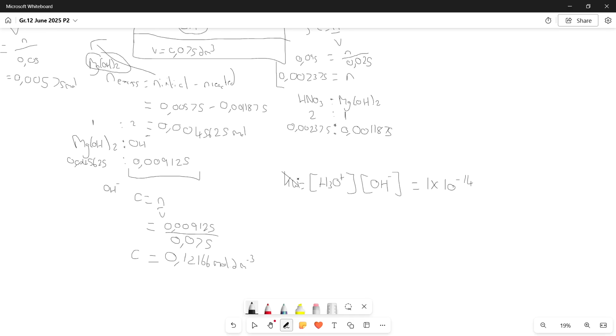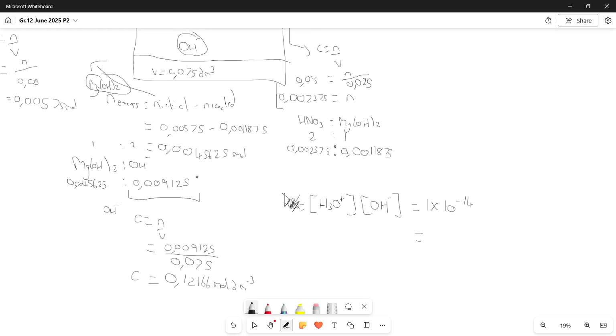So then, ignoring that portion of it, because that is just the symbol we're looking for, we have the concentration of our OH minus ions, which is over here. So we have 0,12166 over there, and we want the concentration of our H3O plus ions, so we can plug it into our pH, and this just remains on the right side over there. So now we're just treating it like a normal sum, imagining that this whole thing is X.